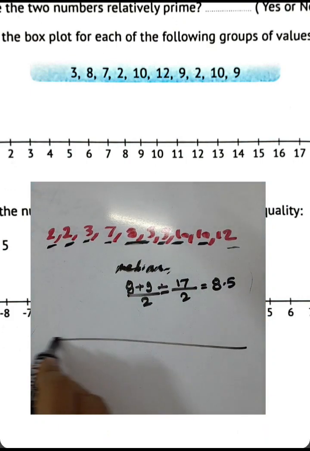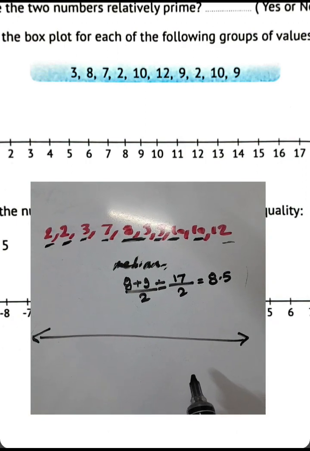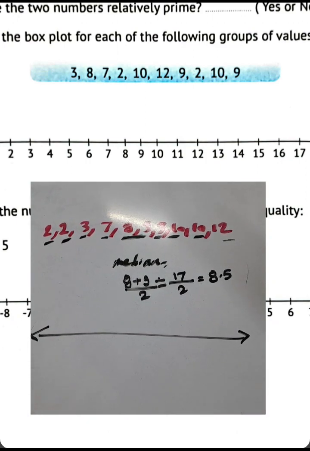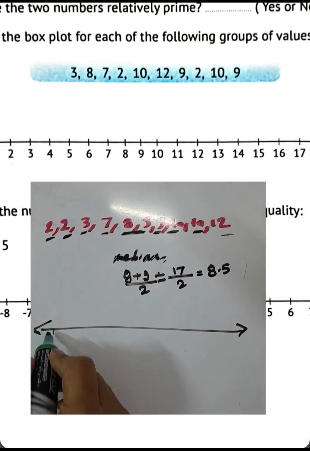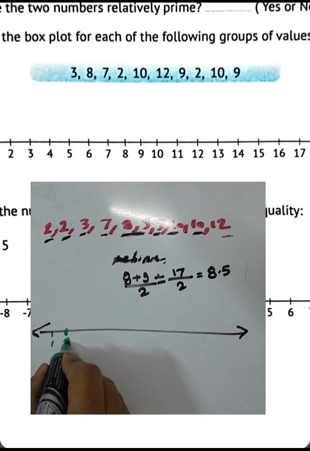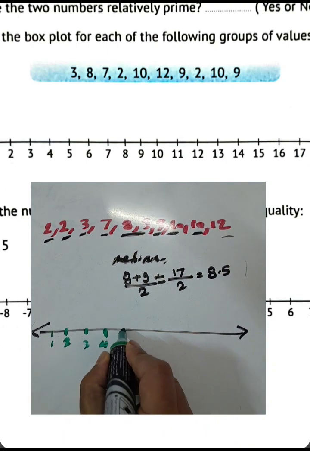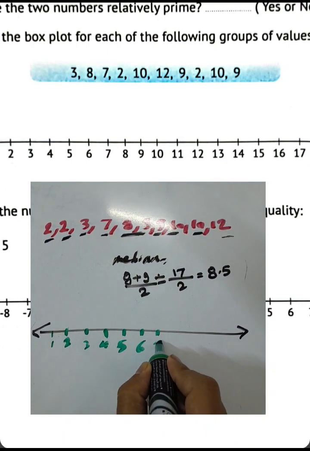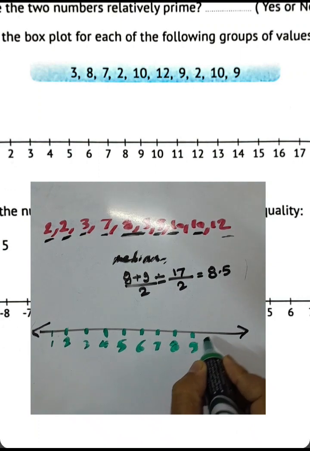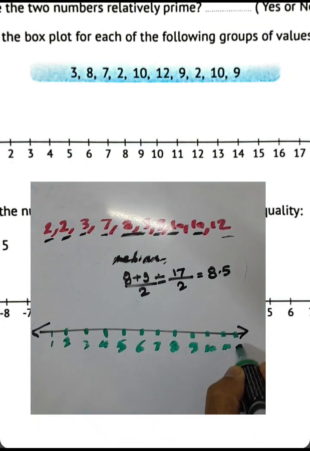Okay, then we'll draw the number line here and put on it all the values from 1 to 12. 1 2 3 4 5 6 7 8 9 10 11 12.